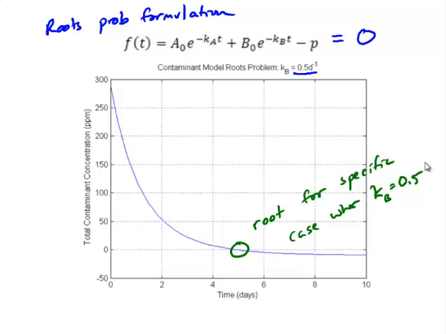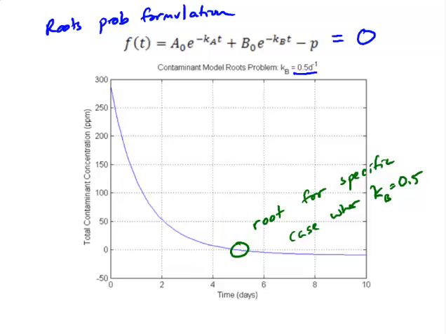Now what we want to do is first go through a bisection method application to find that root, and then expand that to use this idea to generate that graph of the time to reach the standard as a function of KB.